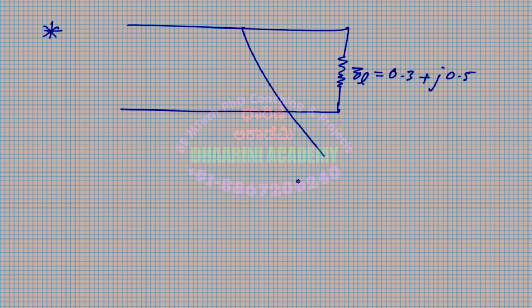Everything is normalized, and the load small zL is equal to 0.3 plus j0.5. You are supposed to match with a stub like this. You are supposed to find out what L2 and L1 are in this case by using the Smith chart. This is the problem you have to solve.